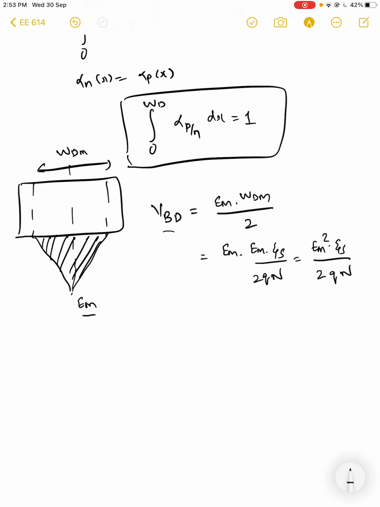So basically the breakdown potential depends on the maximum electric field, the dielectric constant, as well as the doping density N. Right?